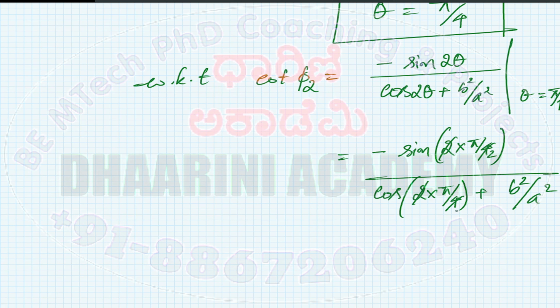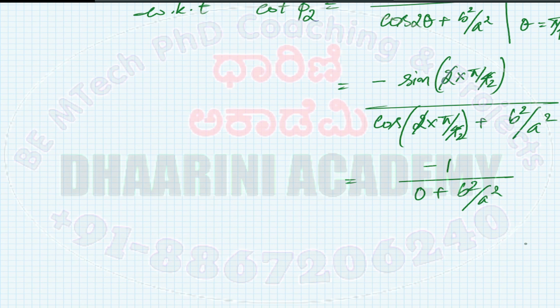So the 2 cancels, and this is sine pi by 2. I know that sine pi by 2 is 1. So numerator is minus 1. The denominator is cos pi by 2, which is 0, plus b square by a square. Okay, so this is minus of a square by b square.